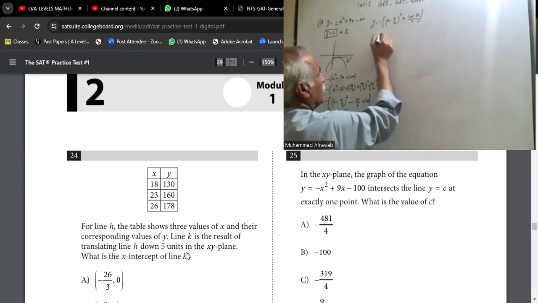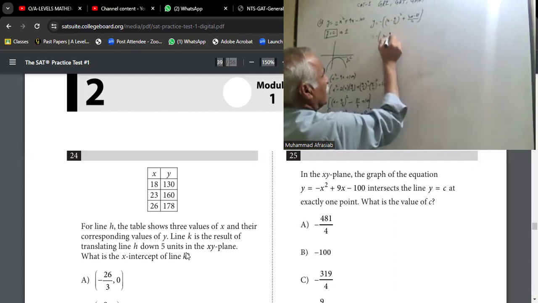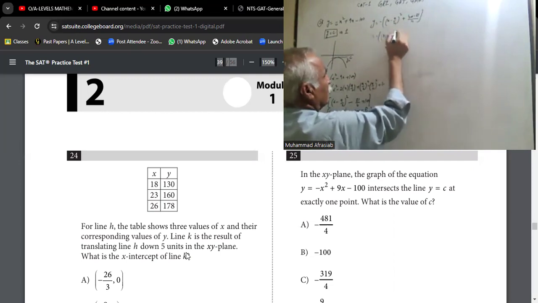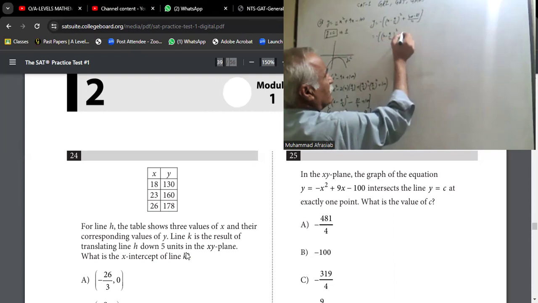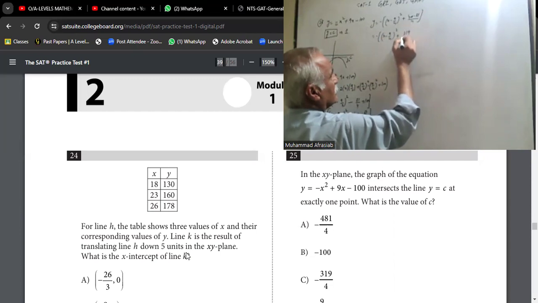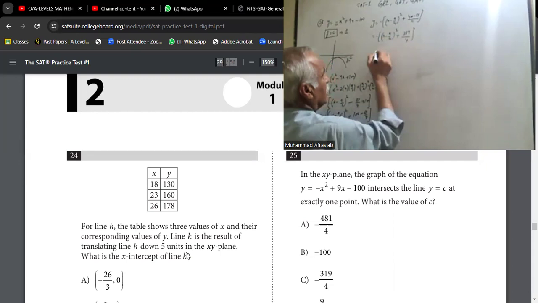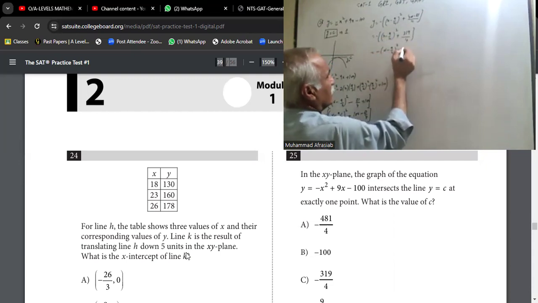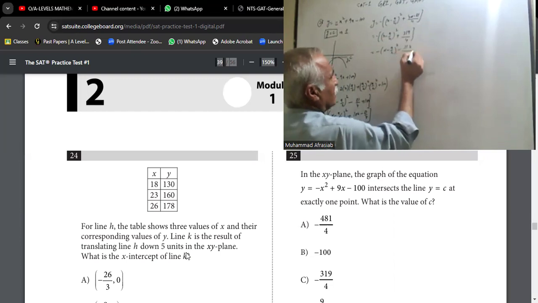This should be equal to minus x minus 9 over 4 whole square minus 319 over 4.